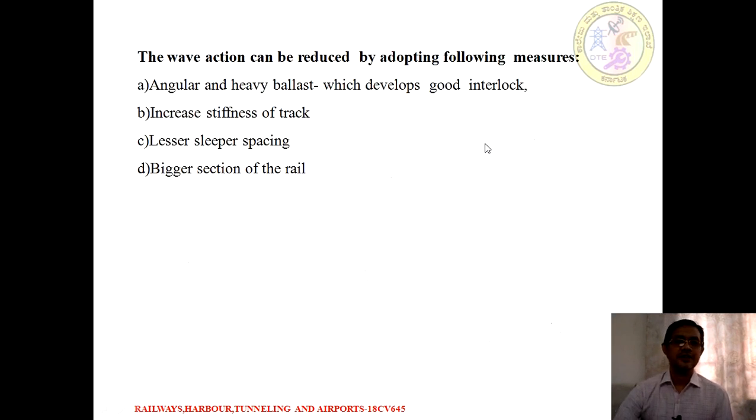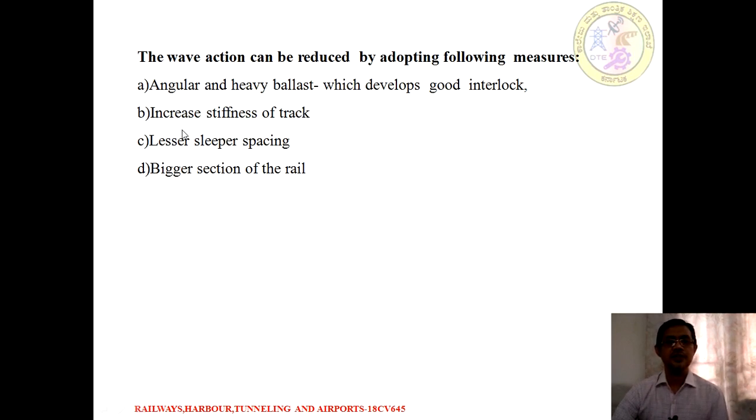The wave action can be reduced by adopting a few measures, namely angular and heavy ballast. If you put it around and also below the sleeper, it provides good interlocking property, hence the wave action can be reduced.